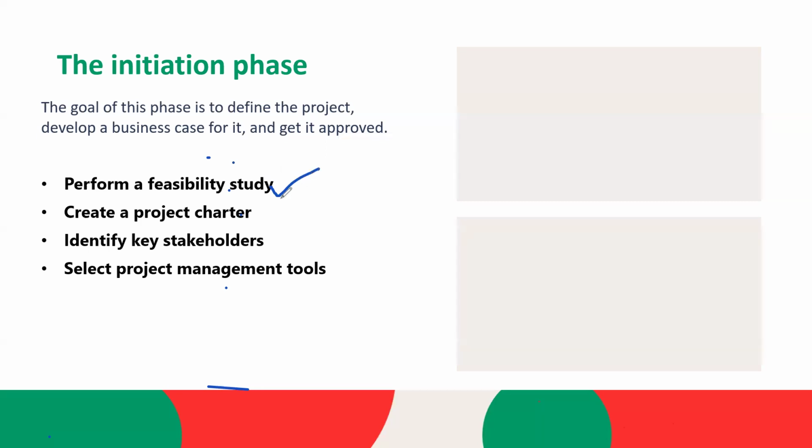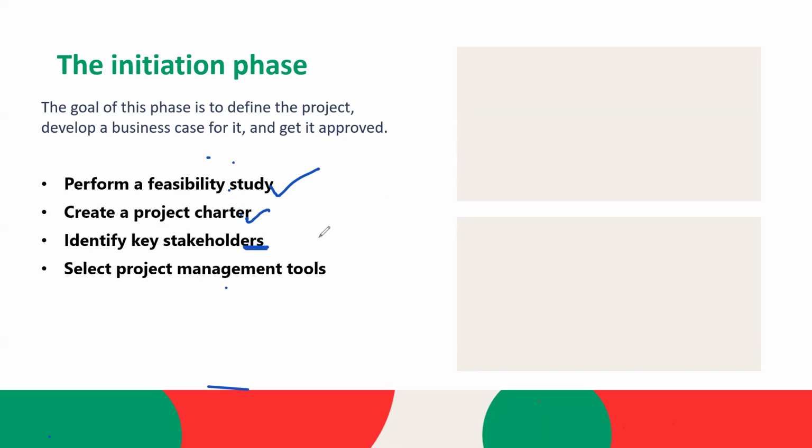Create a project charter, like who will lead this project, who will be the manager, who will be the architect. How much hierarchy will be there, all those things will come inside this.